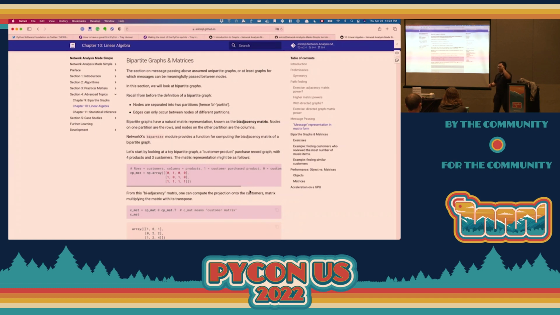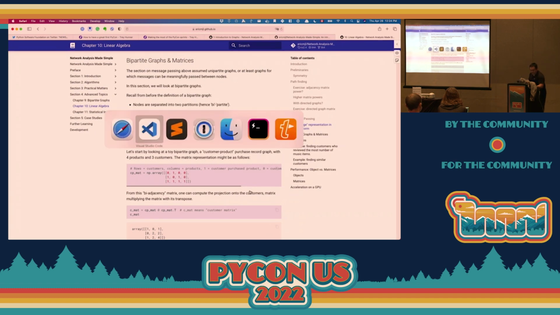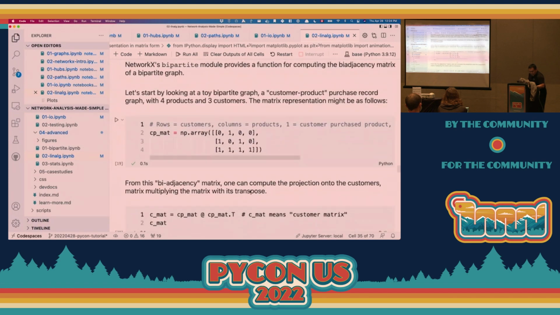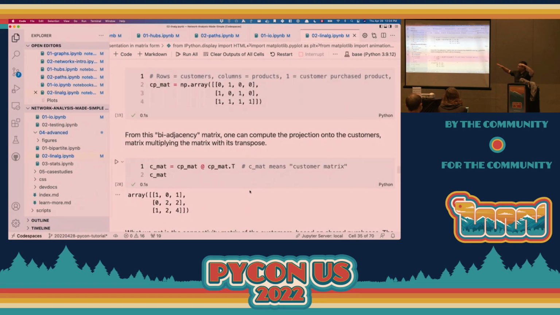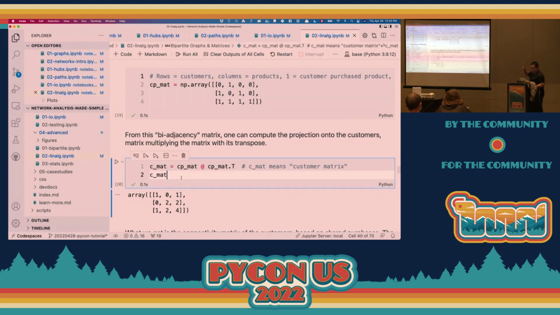You can represent that by what they call a bi-adjacency matrix. So I scroll down here. This customer product matrix, for example, is one where we have rows as customers, columns as products, and one is customer bought product, okay? So we have in here 3 customers, 4 products. If you want to figure out which customers are similar to one another based on shared product purchases, do a dot product.